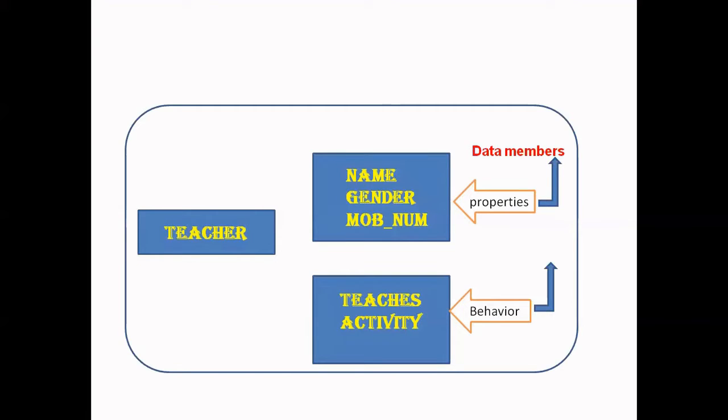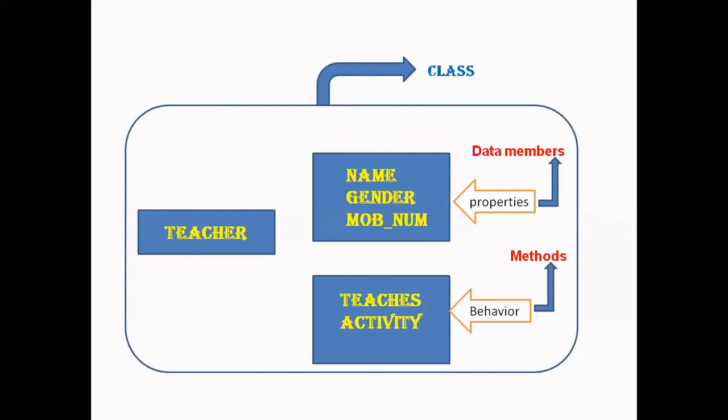Similarly, behavior we call methods. Including both these data members and methods comprises a class, which you already know, right? What is class? What is data members? What is methods? Now you are very clear with this, right?